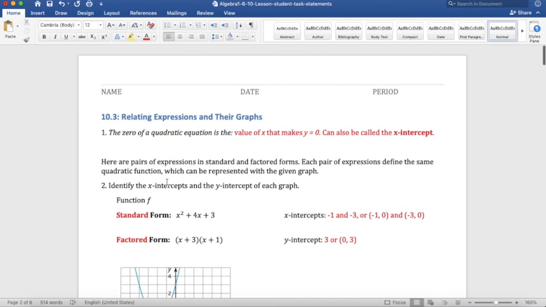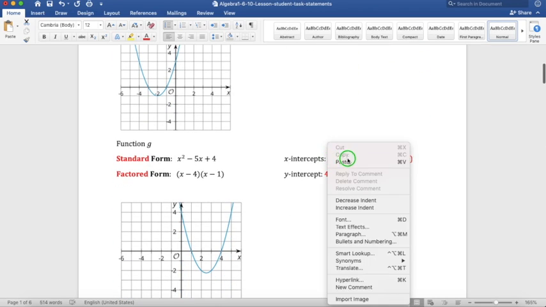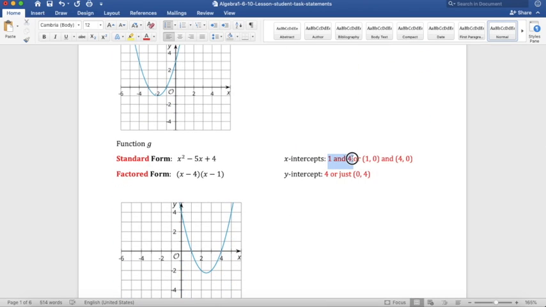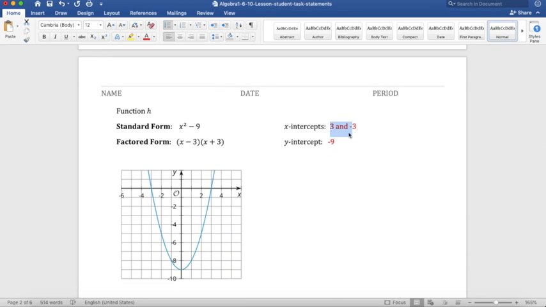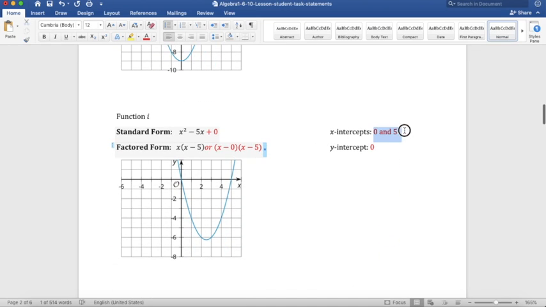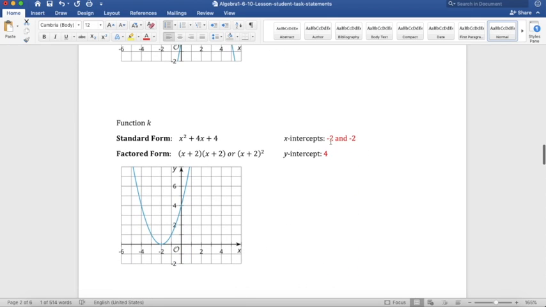Well, if you go back and look, you can see that -1 times -3 got me 3. 1 times 4 is 4. 3 times -3 is -9. 0 times 5 is 0. -2 times -2 is 4.